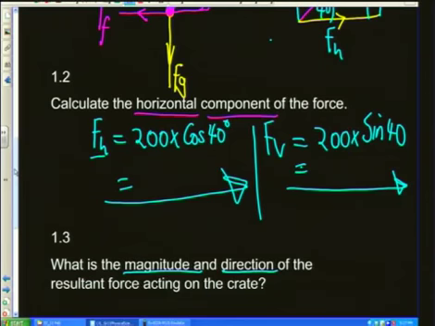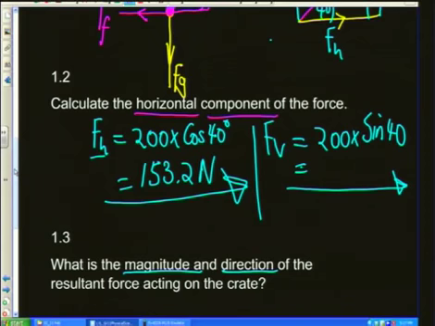What is that value? 153.2 newtons. And the vertical component, it's going to be... Okay, that's fine. I've written down the 153.2 newtons for the horizontal component.